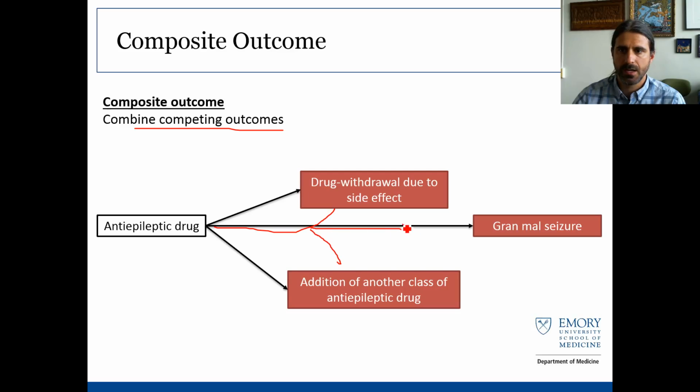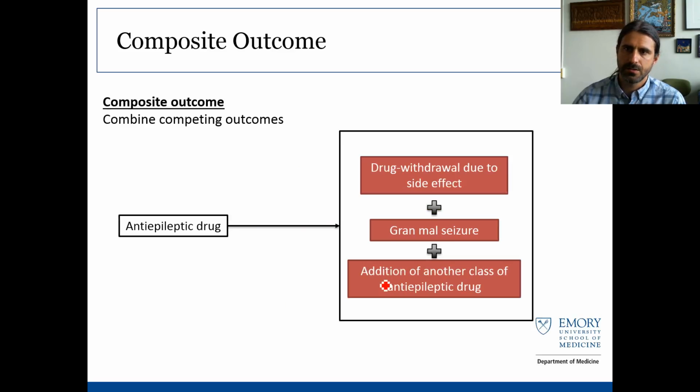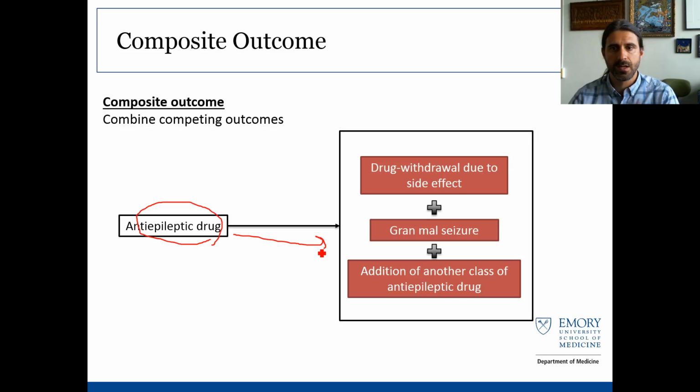You could combine all of these into one outcome, so that you would study an anti-epileptic drug on time to first grand mal seizure, time to drug withdrawal because of side effects, or time to addition of another class, and those are all part of one composite outcome that is important to you. It gives a more complete picture of a failure of the drug.